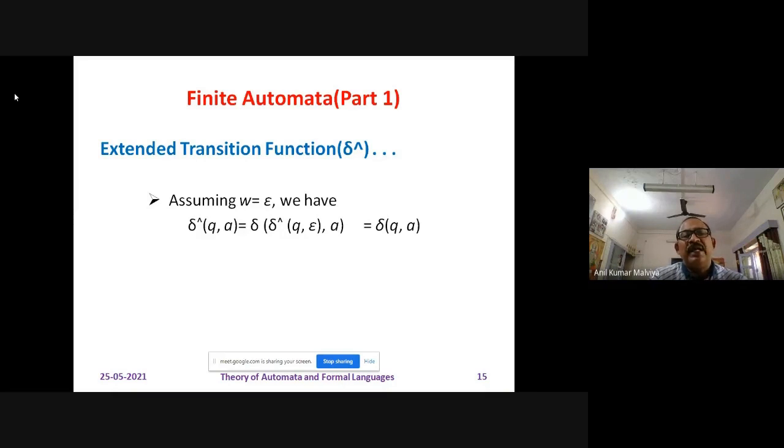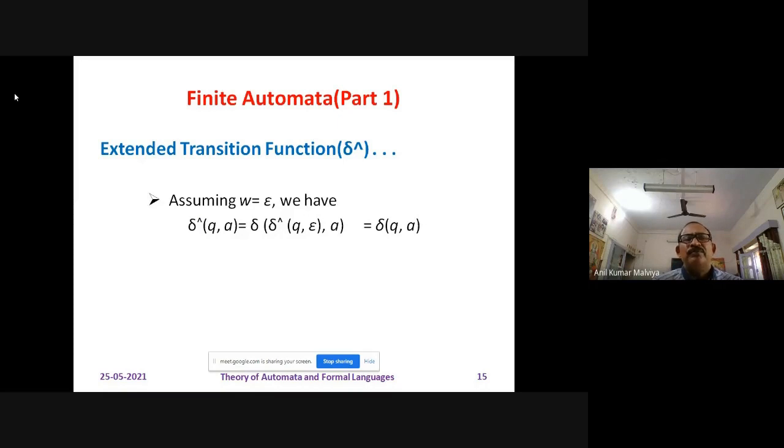In that case, delta cap of Q comma A is equal to delta of delta cap of Q epsilon, A. And as we know, delta cap of Q epsilon is equal to Q, because the machine does not work without taking any information. And this is equal to delta of Q, A. So it gives the information.